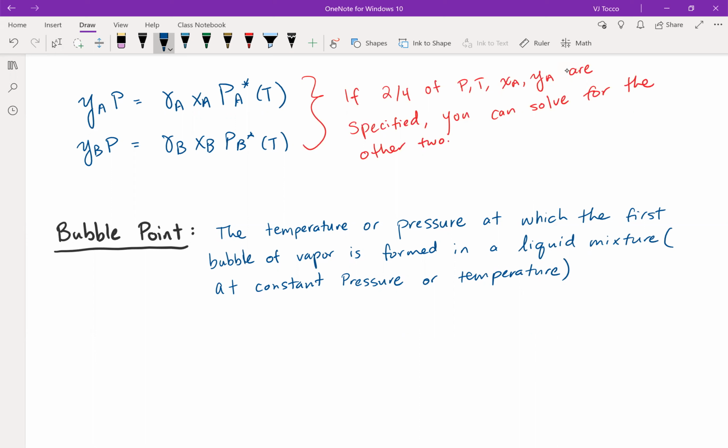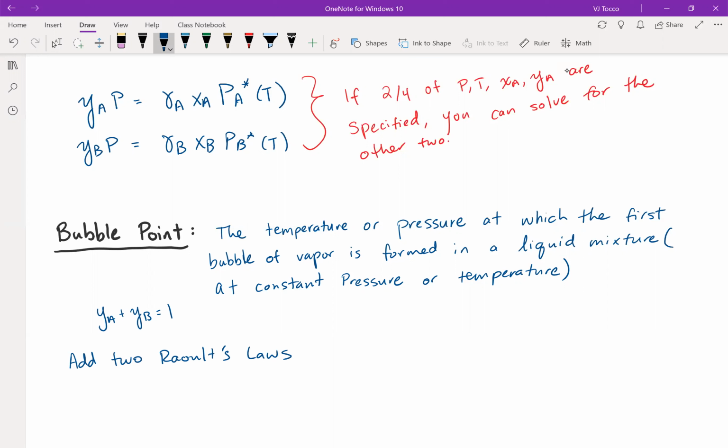You can calculate the bubble point constraint by adding the two Raoult's laws together and using the constraint that ya plus yb must equal 1. Now, of course, xa plus xb is also equal to 1, but we're using this as a constraint to solve. So if I add the two Raoult's laws, what will I get?